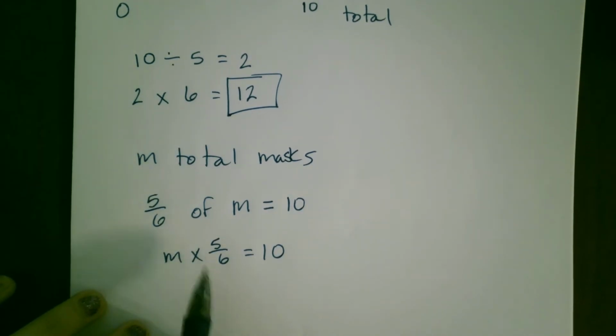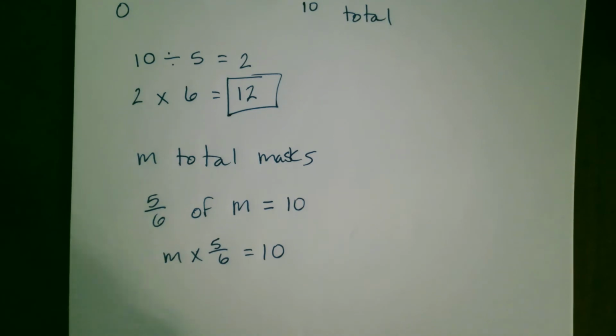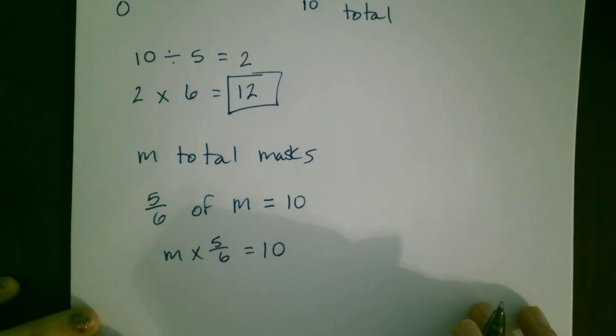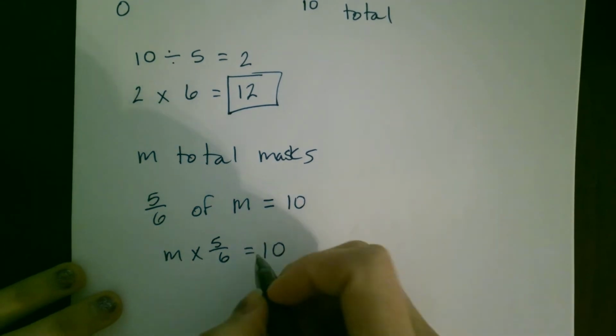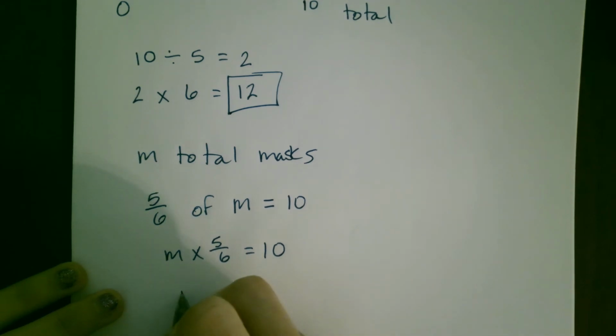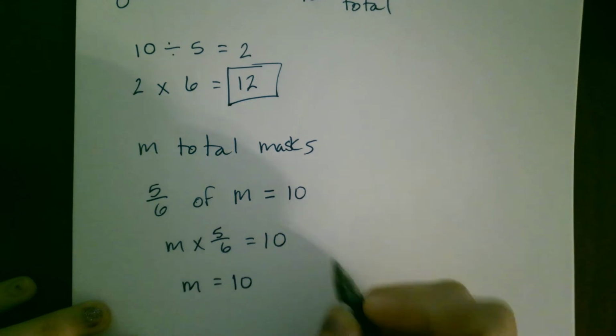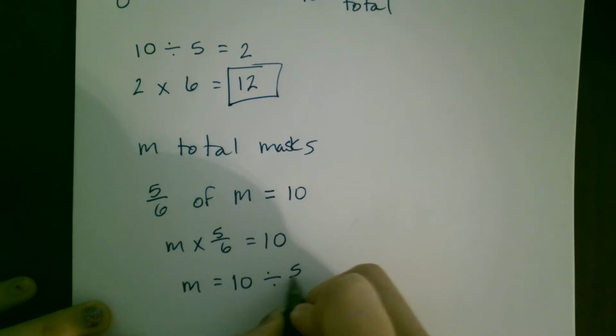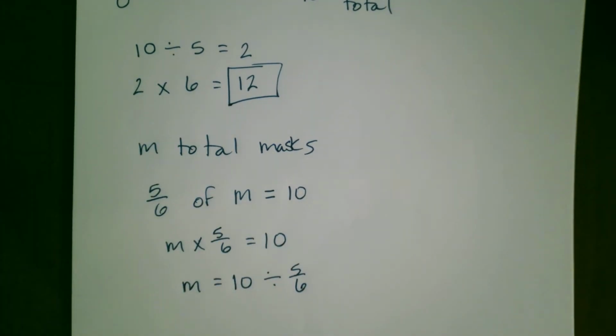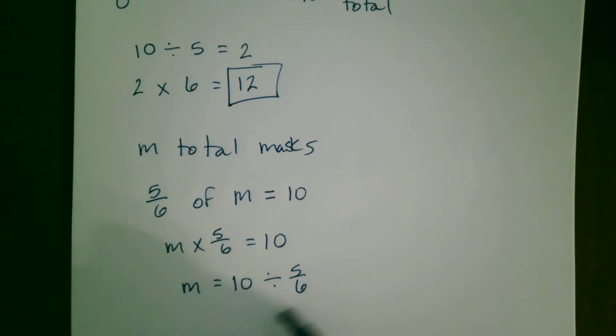I'm multiplying by 5/6, so to get rid of that, I could just divide by 5/6. So I'm going to divide both sides by 5/6. On the left-hand side, it cancels out and gives me M, which is what I wanted, and I get 10 divided by 5/6. Now, this doesn't help me at all because we haven't defined what this actually means or figured out how I'm actually supposed to do that.